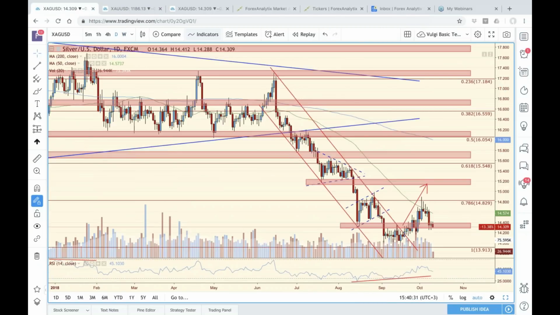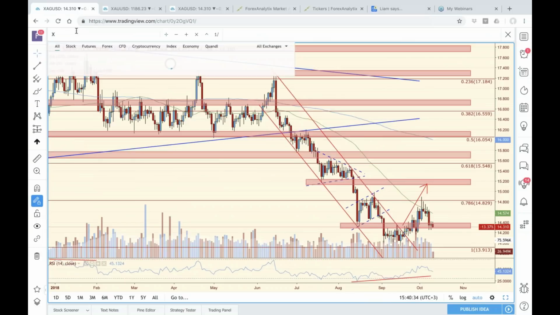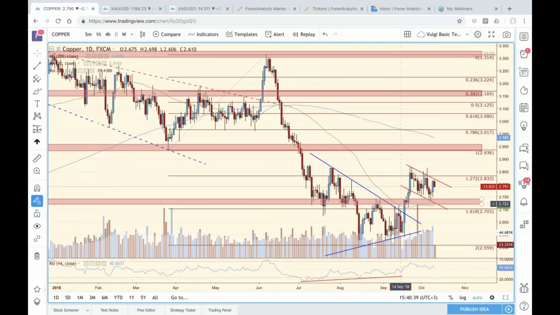Now, having to do with the rest of the metals, I think that copper doesn't look that bad because copper already produced one rebound higher, and this looks like a decent bull flag to me. So in a corrective fashion, one more push higher towards 294 is still likely, as long as it doesn't start taking more and more time consolidating without doing anything.